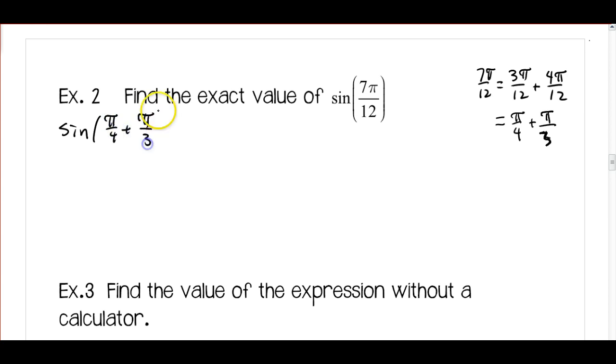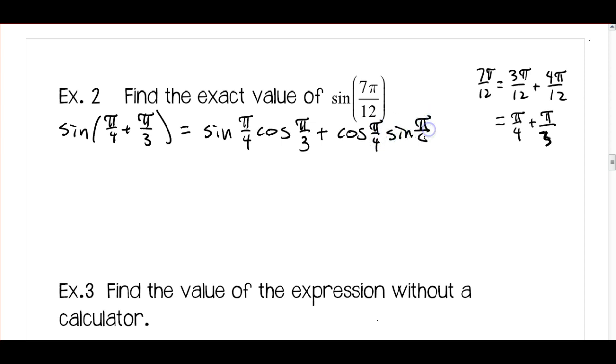So that's going to be sine alpha, which is pi over 4, cosine beta, which is pi over 3, plus cosine pi over 4 sine pi over 3. And we know sine of pi over 4 is root 2 over 2.